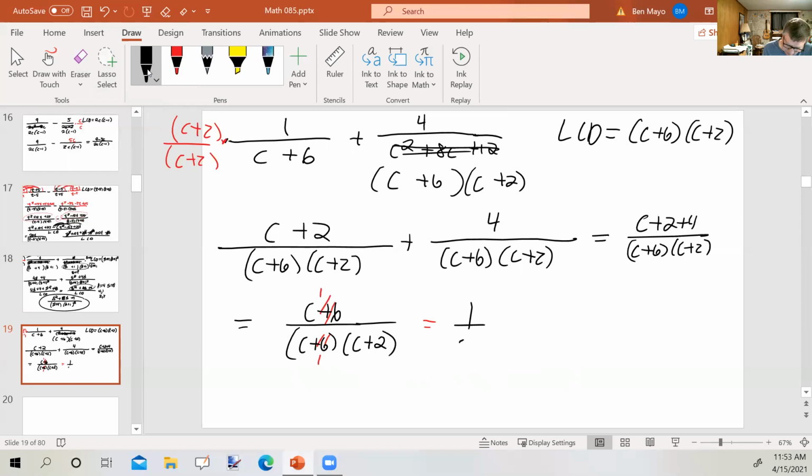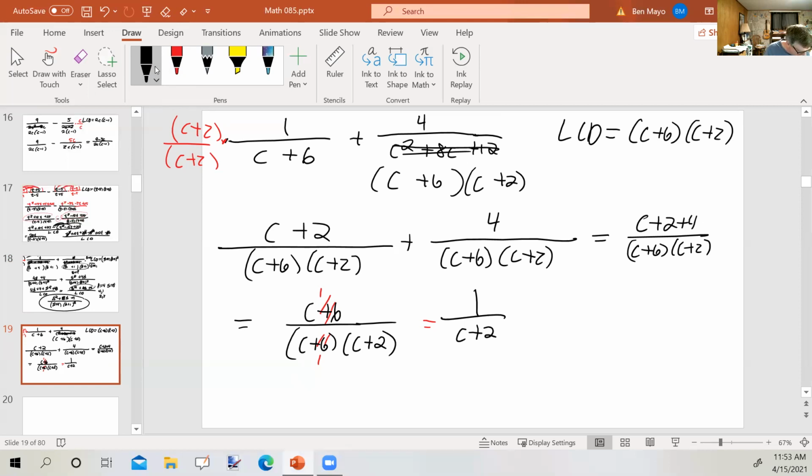The c plus 6 on top and the c plus 6 on the bottom cross out, and we have 1 over c plus 2. We're not canceling them, so there's still that 1 in the numerator. So it's 1 divided by c plus 2. That's not the same as just c plus 2, so you've got to have that 1 in the numerator as well.